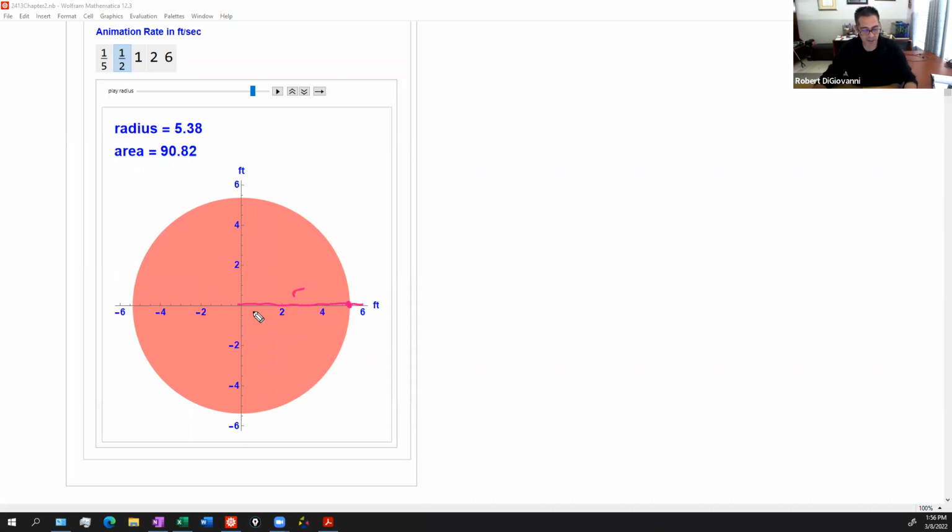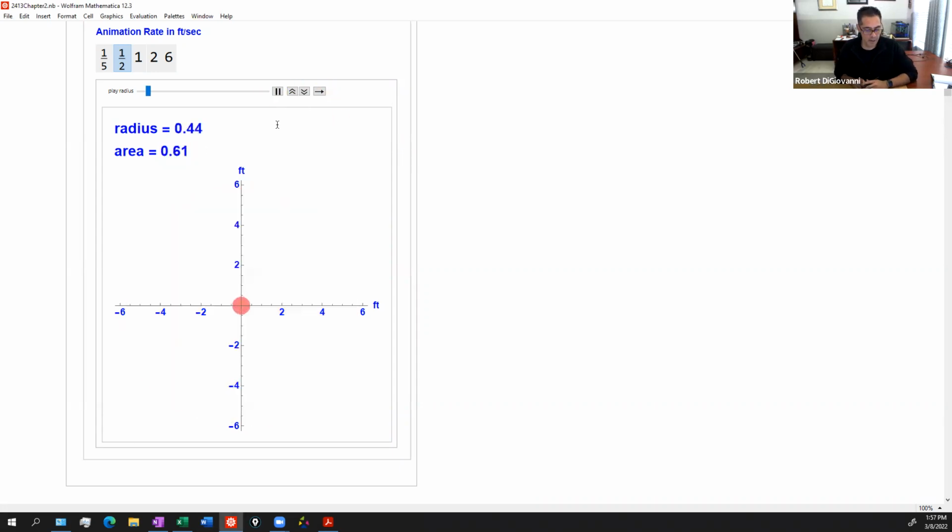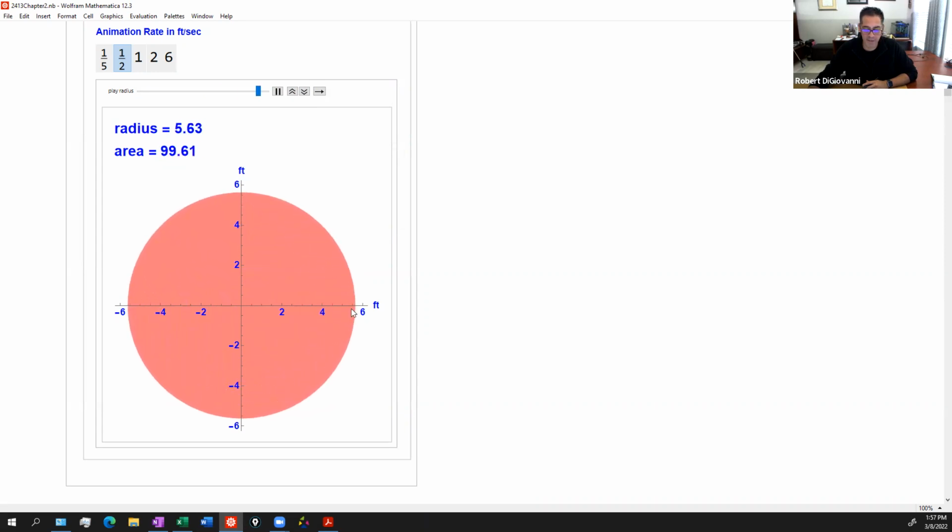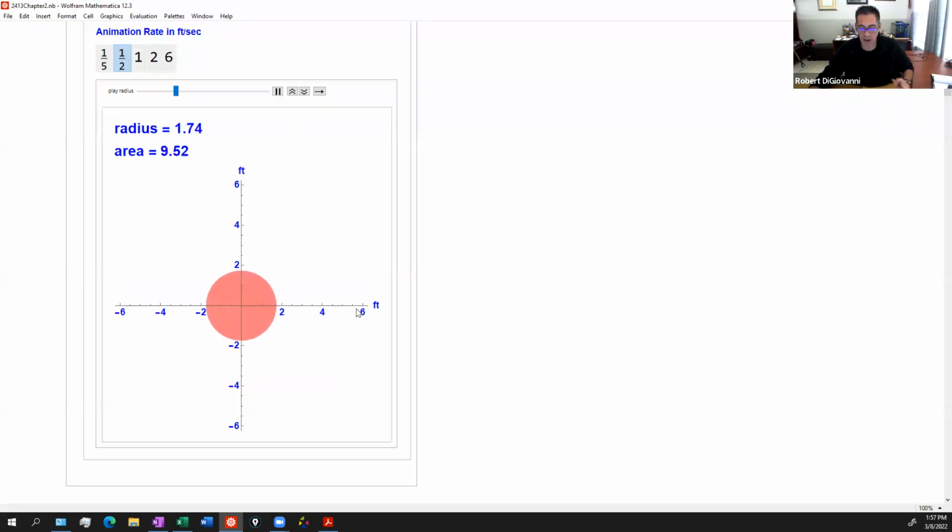That's the radius from the center to that edge point. Watch the point, notice it's just constantly moving. You see it tracking along here. That is moving at a constant, nice, smooth rate. Do you all agree? It's not getting faster or slower. The radius is not getting faster or slower, just moving along at a certain rate. Okay, y'all understand that?